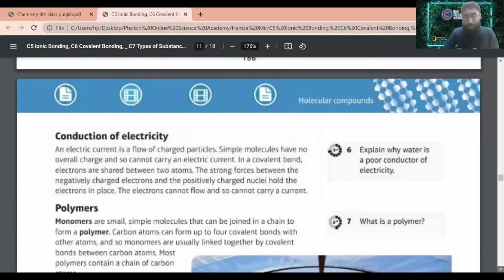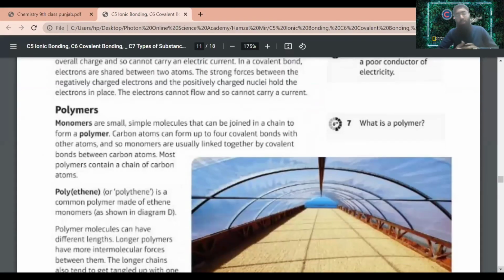So the next topic is polymer, and we will discuss polymer in the next class. But here we think we should start with the definition of polymer. Before going into polymers, there is another term, monomer. What are monomers? A small simple molecule.